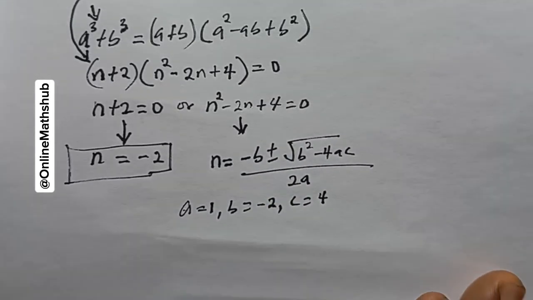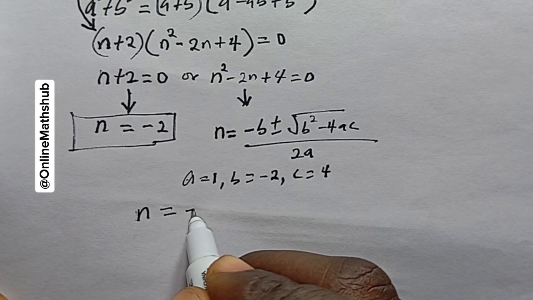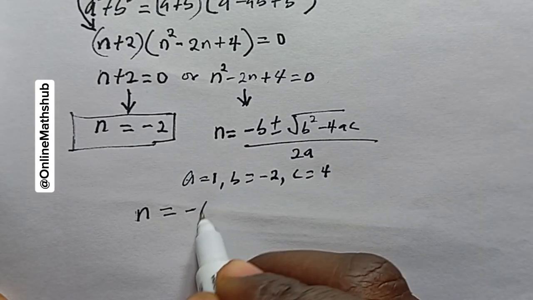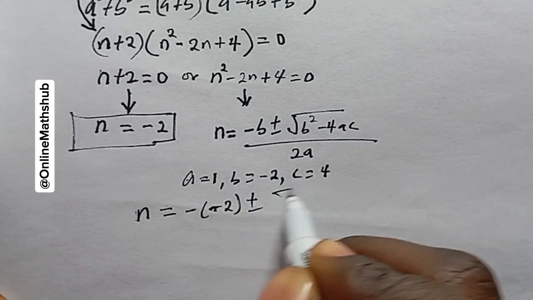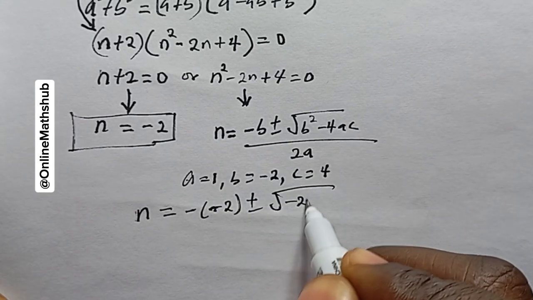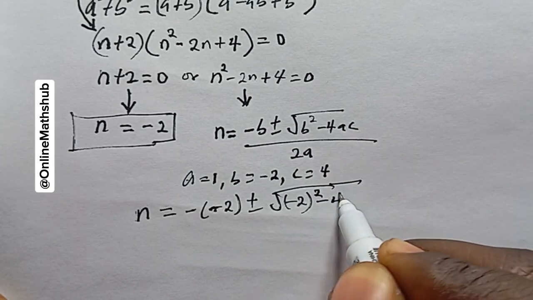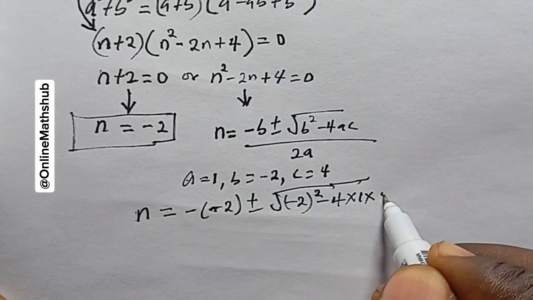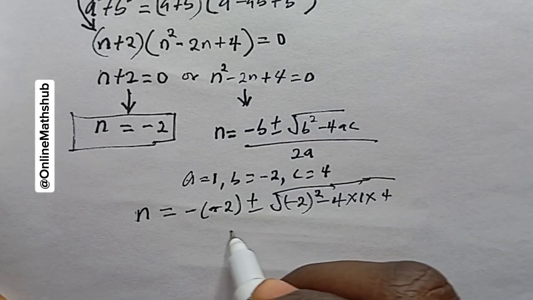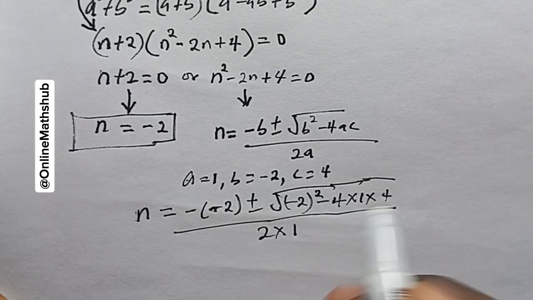Substituting the values, n will be equal to minus minus 2 plus or minus root of negative 2 raised to the power 2 minus 4 times a which is 1 times c which is 4, and all divided by 2 times 1.